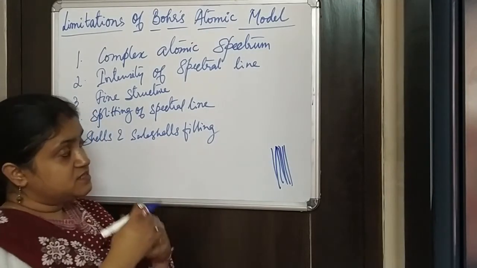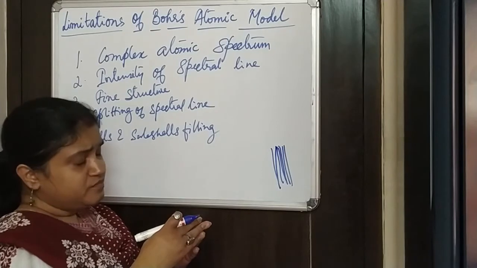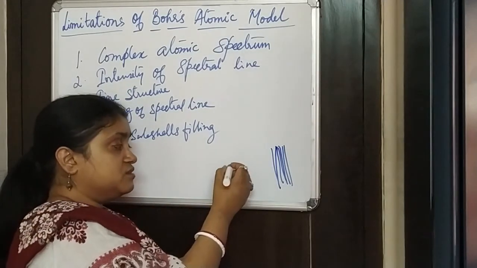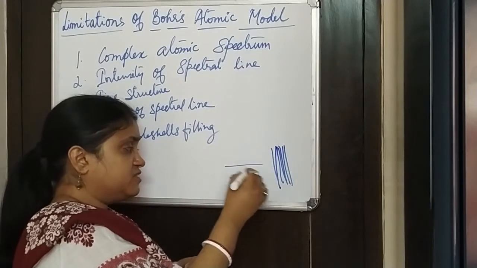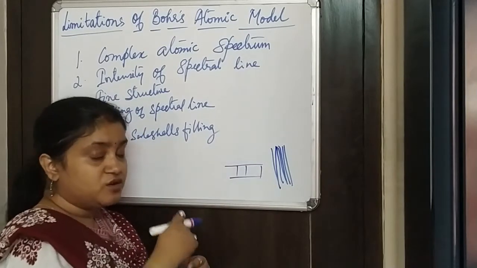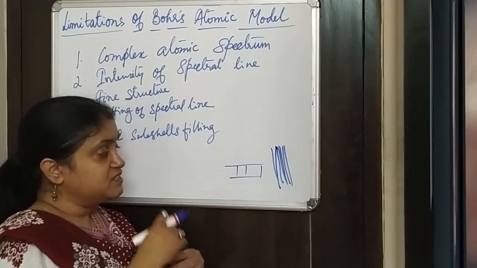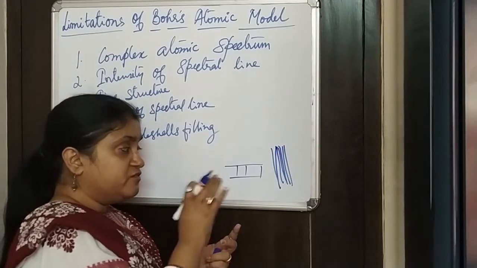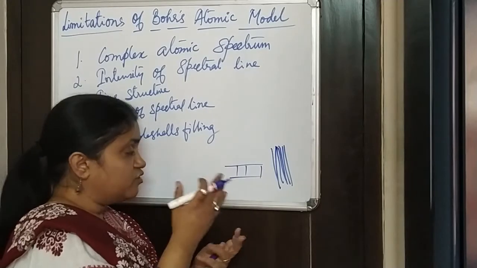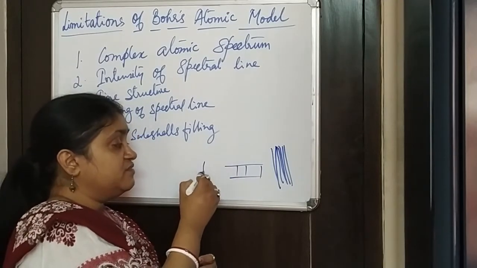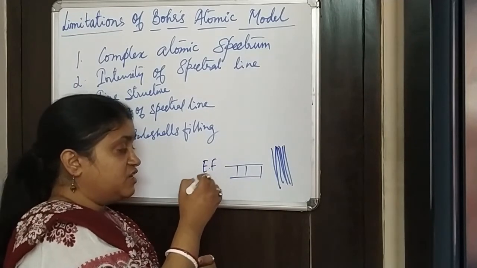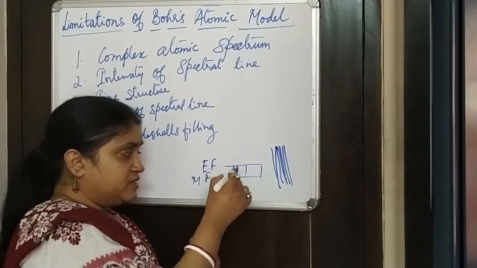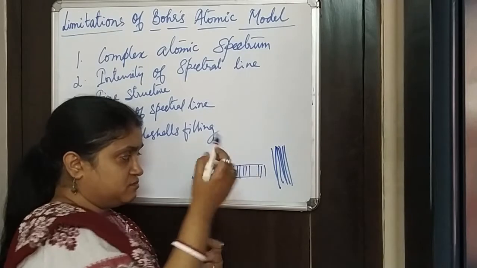The next thing is that it was seen that in the hydrogen spectrum, or any spectrum, the lines that we see, in the presence of an electric field or magnetic field, would split into many lines.